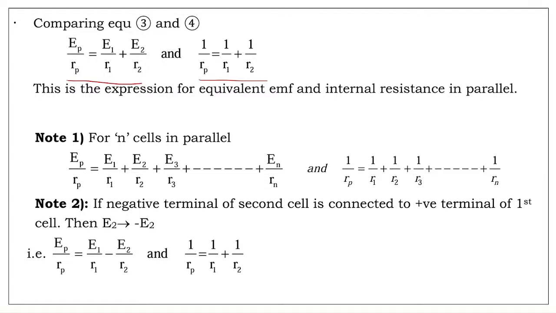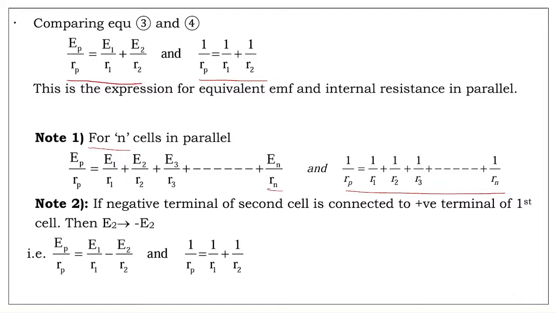Note 1. Expression for n cells in parallel. EP by RP is equal to E1 by R1 plus E2 by R2 plus E3 by R3 and so on, up to En by Rn. And 1 by RP is equal to 1 by R1 plus 1 by R2 plus 1 by R3 and so on, up to 1 by Rn. 2.